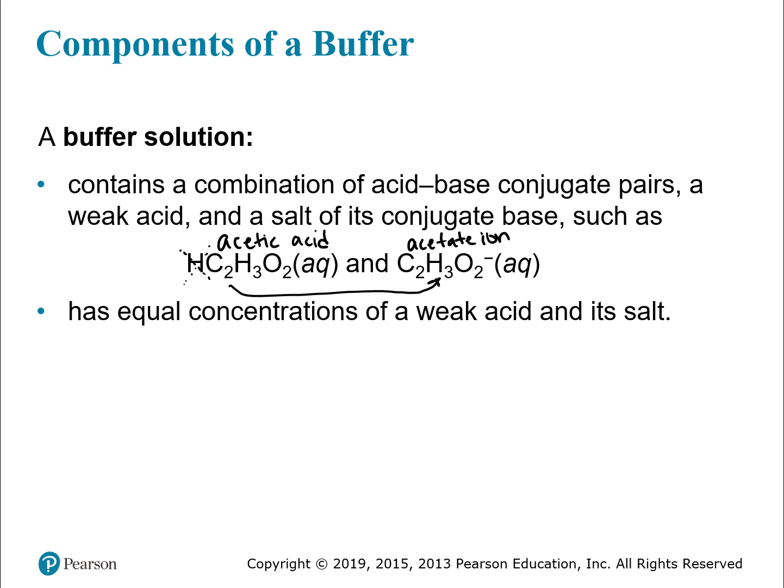A buffer solution has both of these: a large concentration of both the acetic acid, or your weak acid, and a salt of its conjugate base. That just means something that's going to dissolve and make the conjugate base.